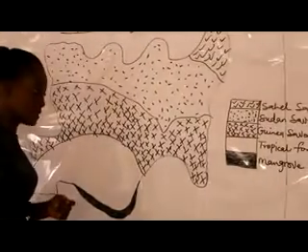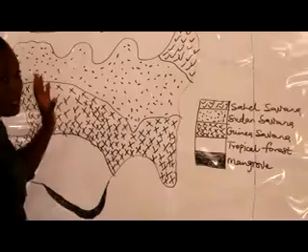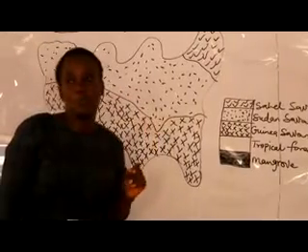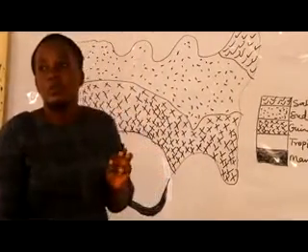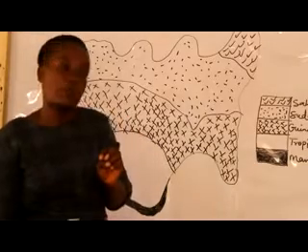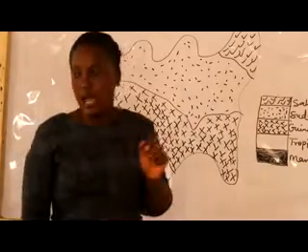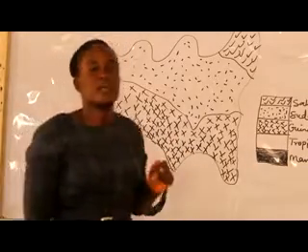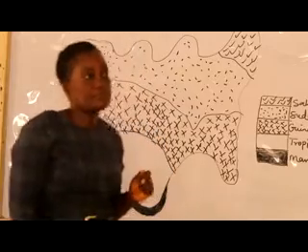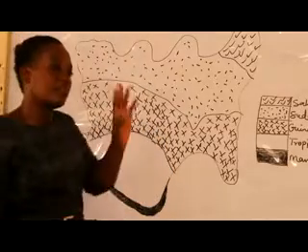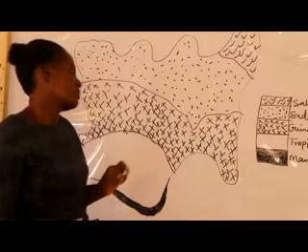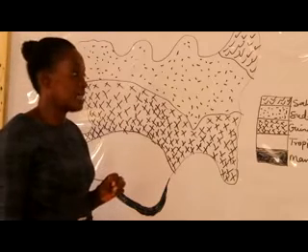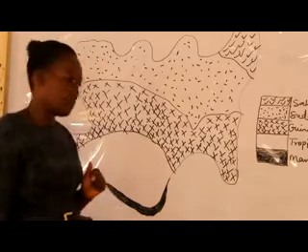What we learned last week is that Nigeria's biome is made up of three: the mangrove, the tropical rainforest, and the savanna regions.